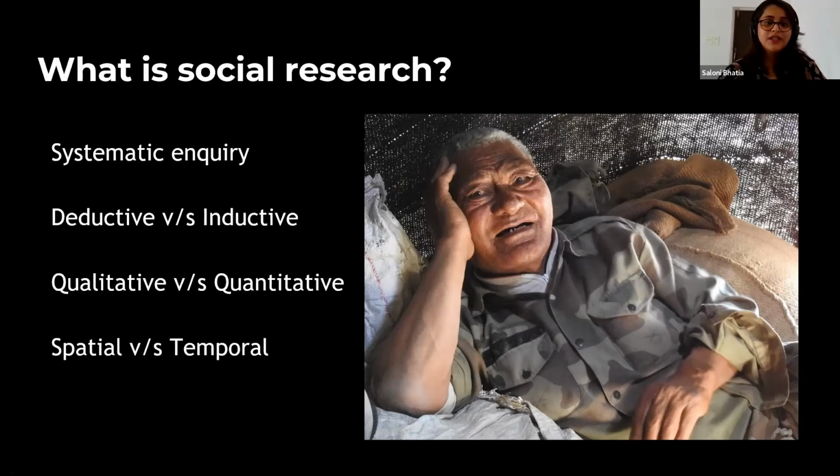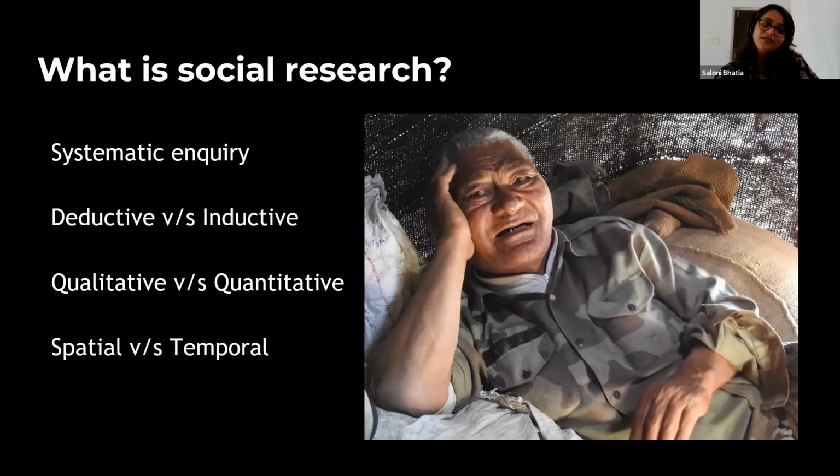Now there are multiple ways of going about this. You can have spatial research where you're comparing different areas around the same time period, or you could have temporal research, which is sort of like a long-term research where you do your research now and say 10 years down the line in the exact same area, which could be quantitative or qualitative in nature, right?